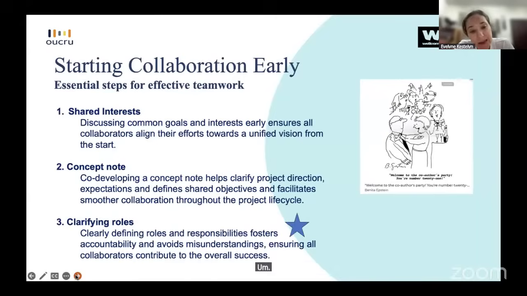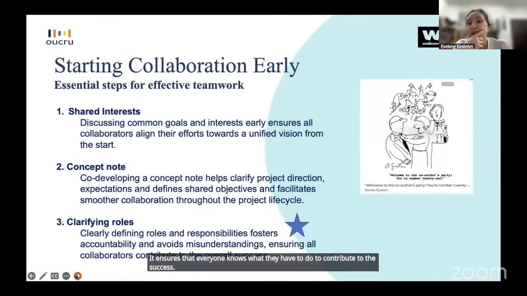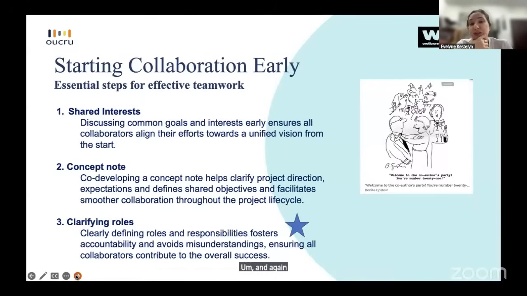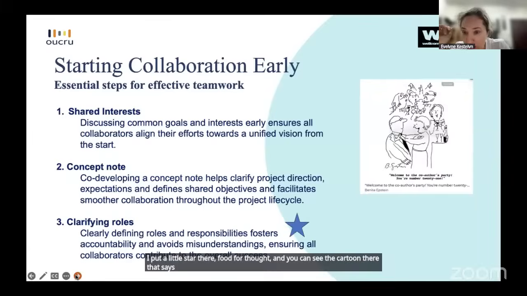And the same goes for clarifying roles. Clarifying and defining roles early on is really important, not only because it helps with accountability, but it avoids misunderstandings and it ensures that everyone knows what they have to do to contribute to the success. And again, it is so important to talk about that early on. I put a little star there, food for thought, and you can see the cartoon there that says, "Welcome to the co-authors party, you're number 21."